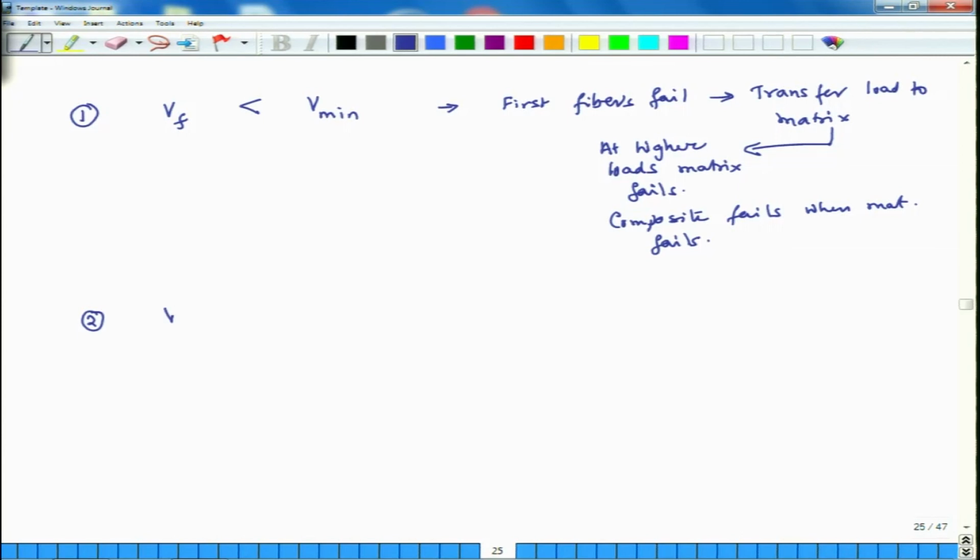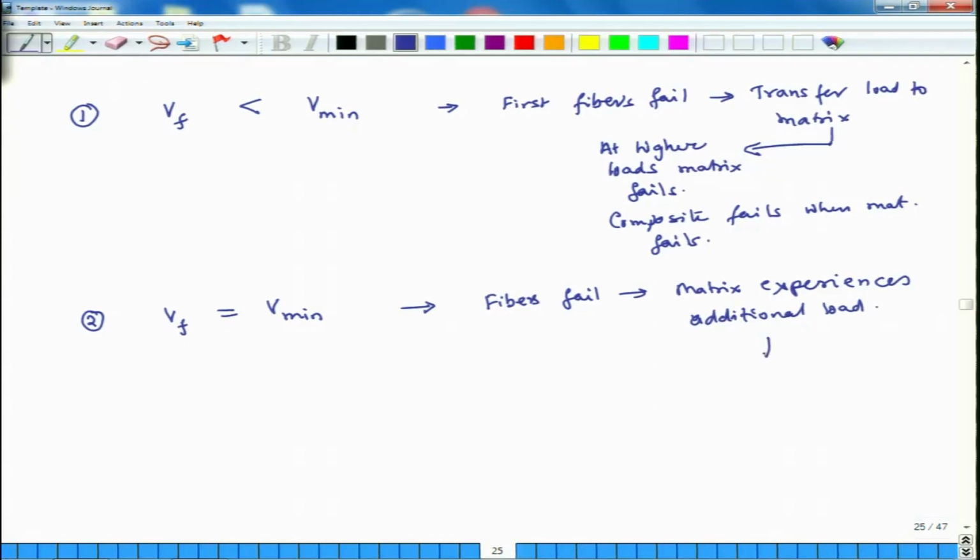The second case is Vf equals V min. In this case, fibers fail, matrix experiences additional load, additional stress, and at this point it breaks immediately due to transfer of load.